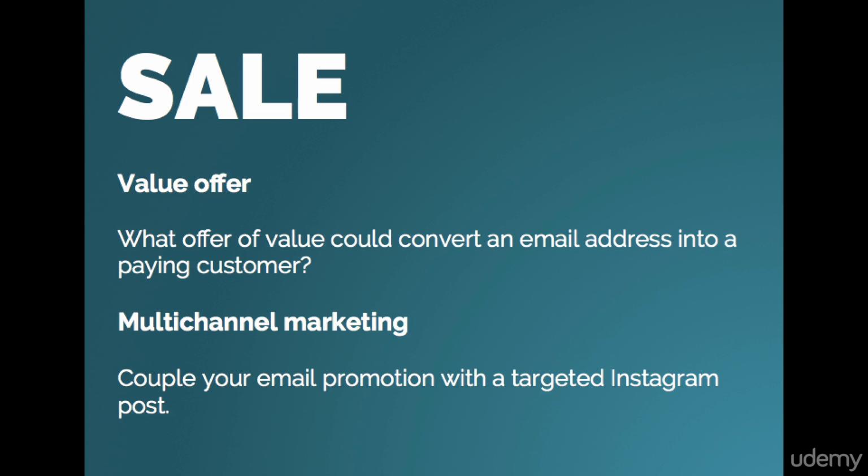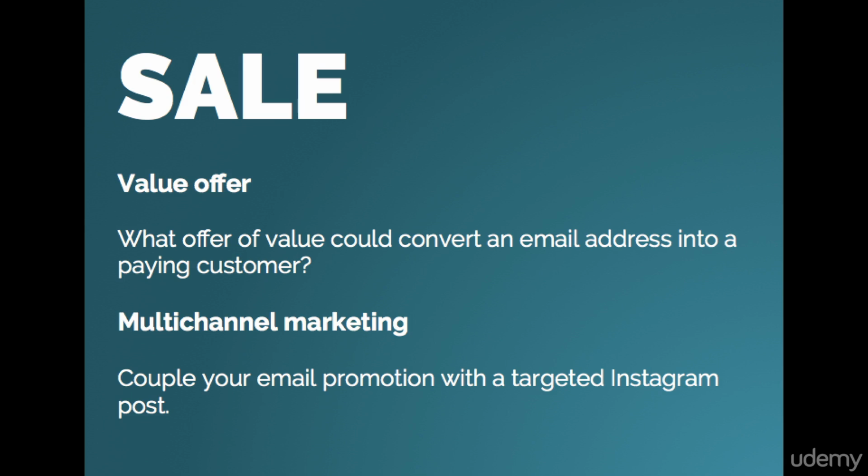A really cool strategy that a lot of businesses use is multi-channel marketing. So it's coupling your email promotions, such as this makeup brush discount offer, with a targeted Instagram post. So in the mindset section of this module, I told you never to hard sell on Instagram, but it is really cool if you could post a discount coupon to your products in conjunction with this email.